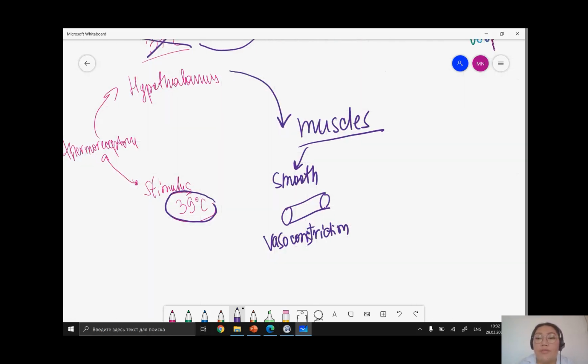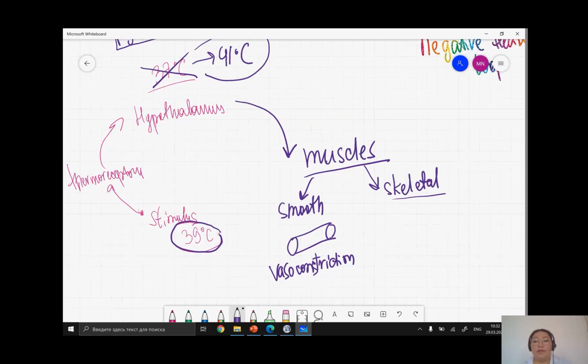Okay, in case of the next type of the muscles, as skeletal muscle, the skeletal muscles will detect the changed temperature, and the pyrogens have changed the set point, and that's why it will be considered as the low temperature. We need to increase it. So the skeletal muscles will receive the signal to contract, and you will have the shivering.